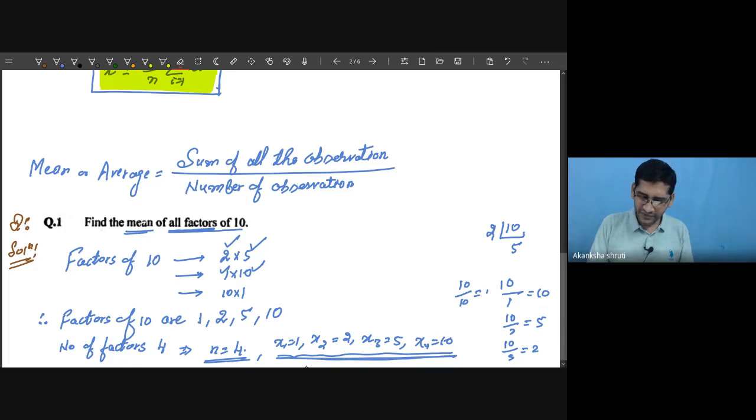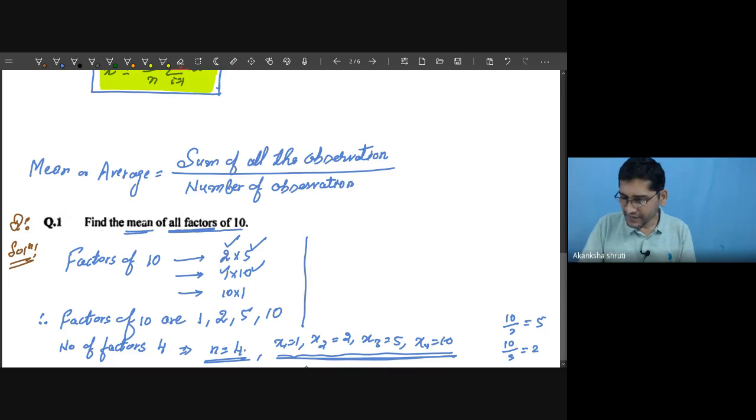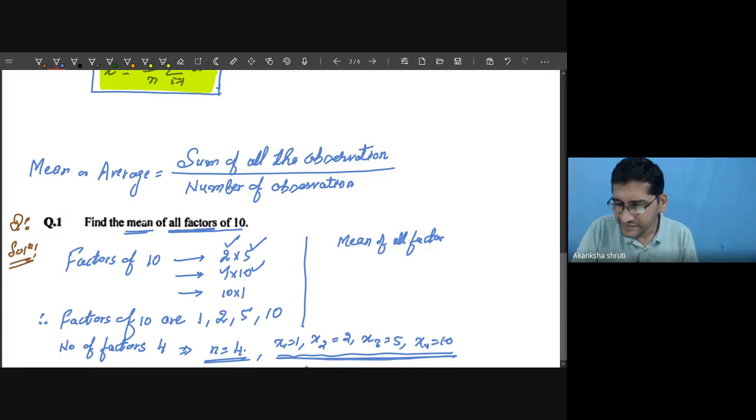So therefore, I'm writing here itself. Let me clean it. So therefore, the mean can be calculated by adding these observations and dividing by 4. Therefore, the mean of all factors of 10 is equal to what?